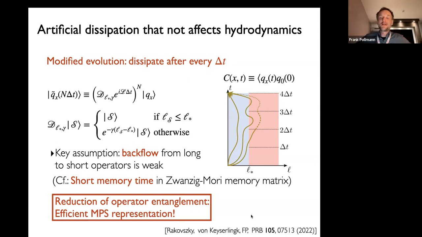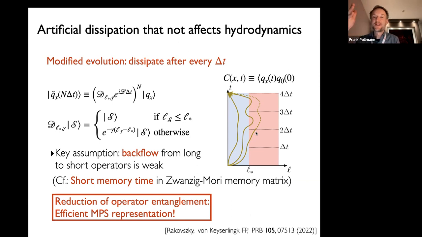The reason why we are happy about doing something like this is that the operator entanglement, which in turn is directly related to the representability of a given operator, is reduced. Because if we cut off all these complicated terms, we make it easier to represent the operators using the matrix product state or matrix product operator formalism. To put this into perspective, very early on I made the point that matrix product states are a good representation when the entanglement is low.